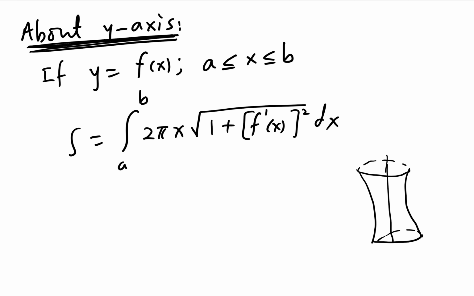So we're rotating about the y-axis, right? This is R, which is distance x. That's a horizontal distance x. That's where the x came from. And this is the length of the curve.